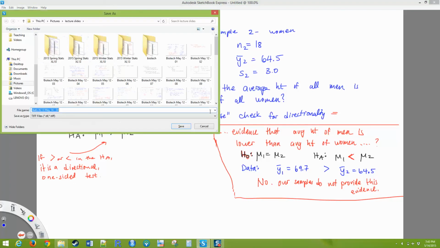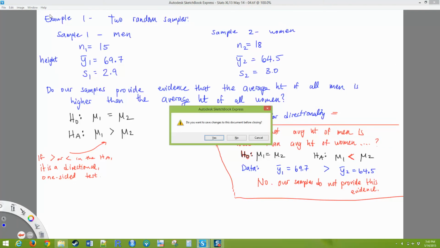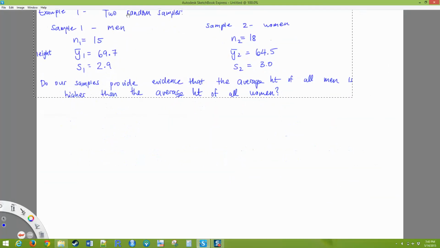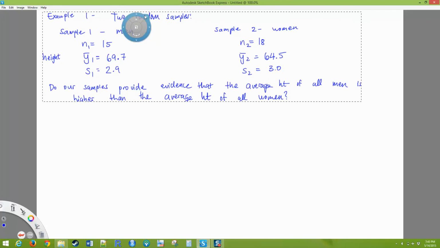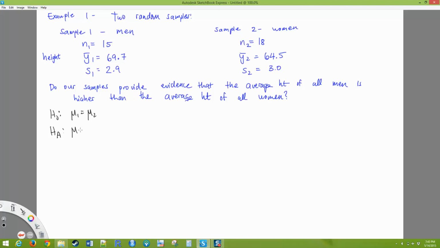Let's continue on with it here, and so actually let me just copy this stuff. Okay, so to answer a question, our null hypothesis, mu1 is equal to mu2. Our alternative is that mu1 is greater than mu2.